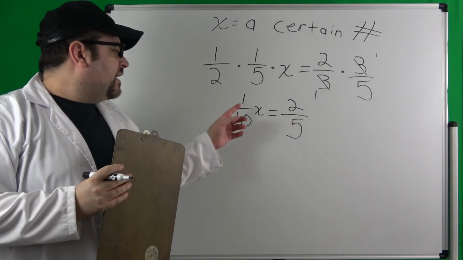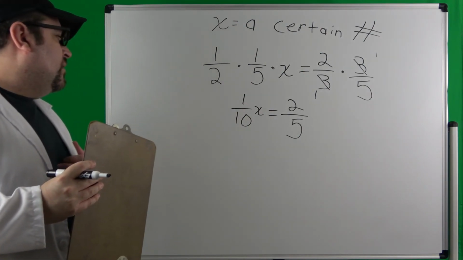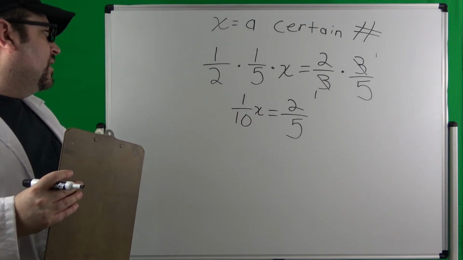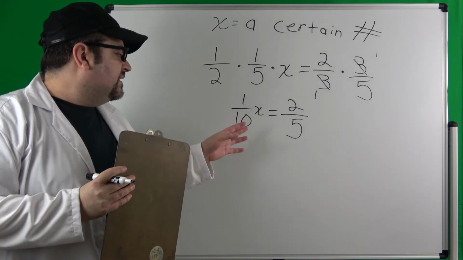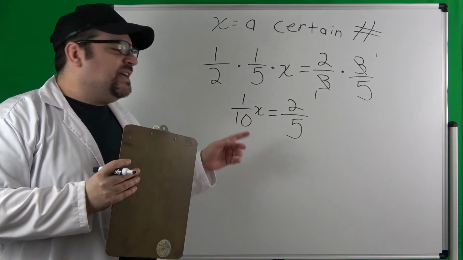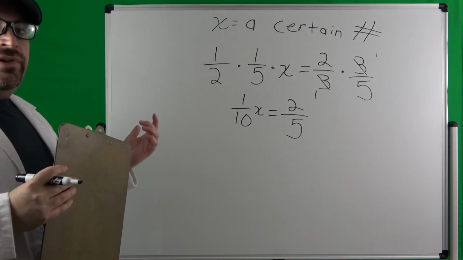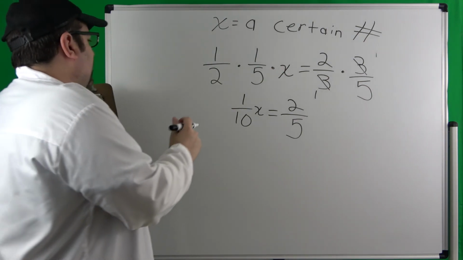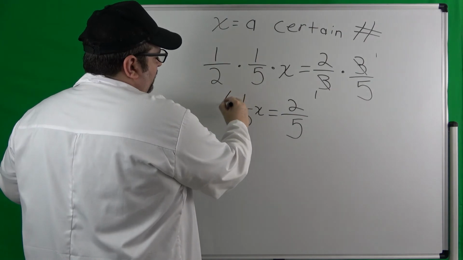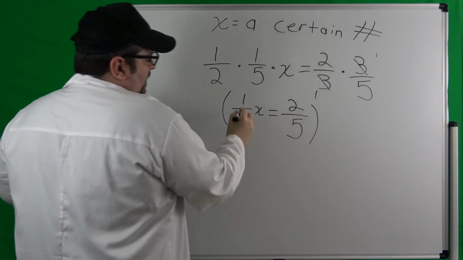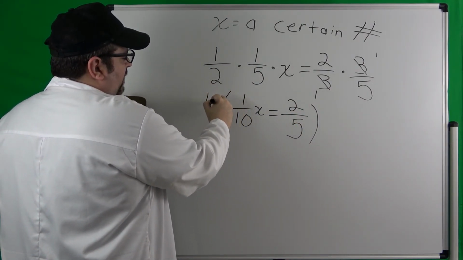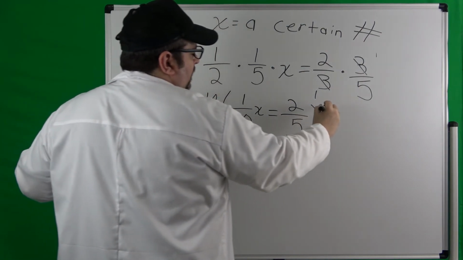Now, all right, how do we solve this? Well, we're going to divide both sides by 1/10, but remember, when you divide fractions, you multiply by the reciprocal. So we're going to multiply both sides by the reciprocal here, 10/1.